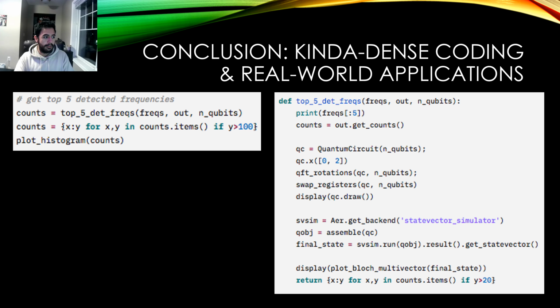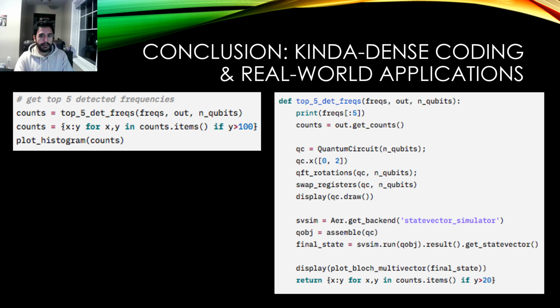So you can see here on the left we have counts being redefined after running the function, and then counts being redefined again based on this parameter y being greater than 100, and we just chose a value for each trial that made the histograms look nice because the near zero probability qubits really cluttered up the plots.